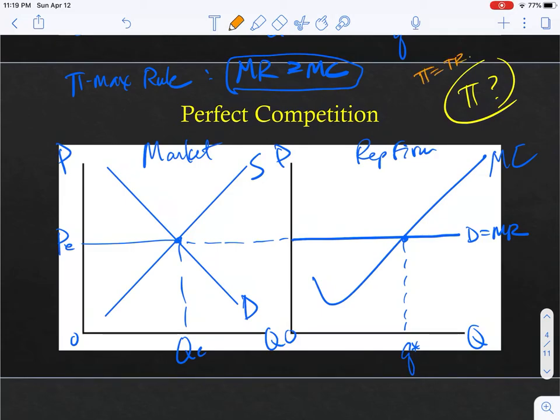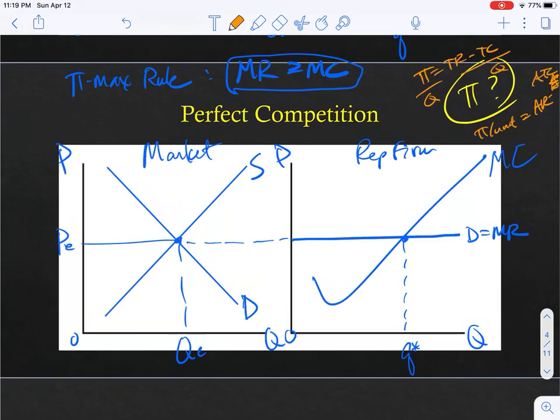So profit is total revenue minus total cost. But if I divide both sides by Q, I could get profit per unit, or average profit. Total revenue divided by Q, that's just average revenue. And total cost divided by Q, that's just average total cost.